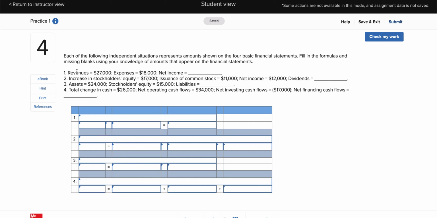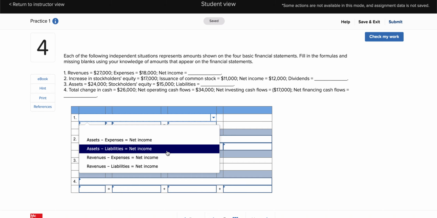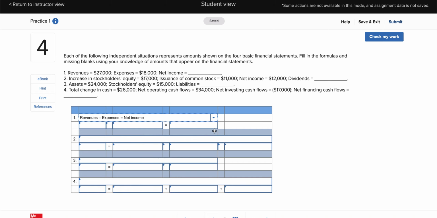Okay, so the first one here says revenues are 27,000, expenses are 18,000. So the formula that we need is revenues minus expenses equals net income. And we have revenues here of 27,000. And don't forget this little box. This is another one that if you see that it's correct but not entirely complete, chances are it's one of these.